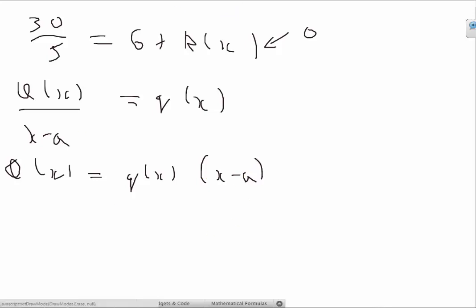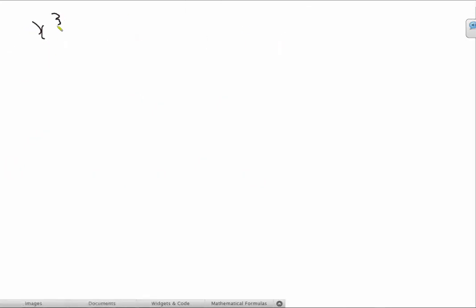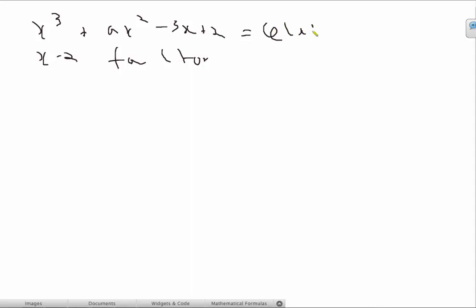And now we can do some pretty cool stuff with this. Let's say that they tell us to evaluate the value of a in an expression like this, and they tell us x minus 2 is a factor. So we can say that this is the original polynomial.